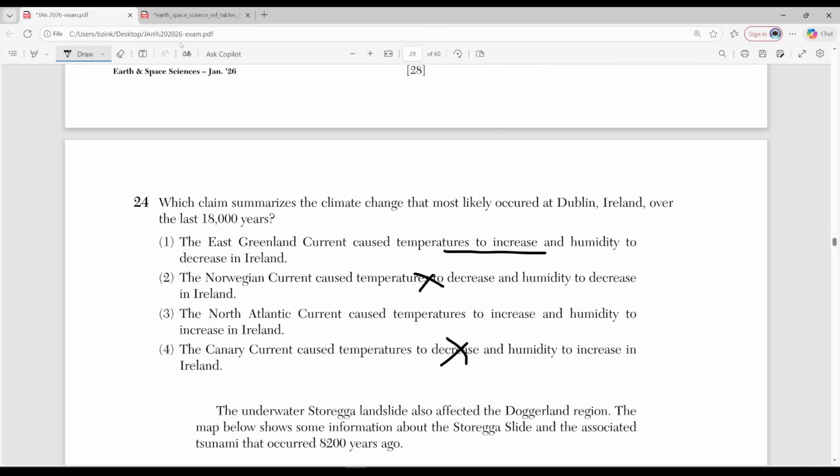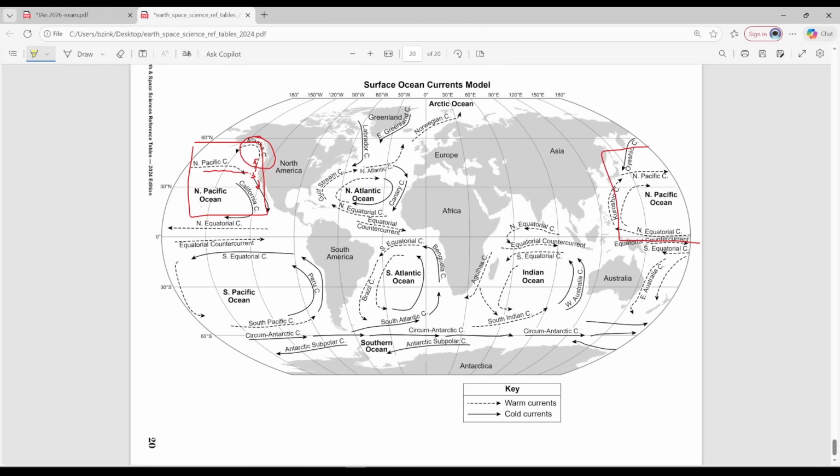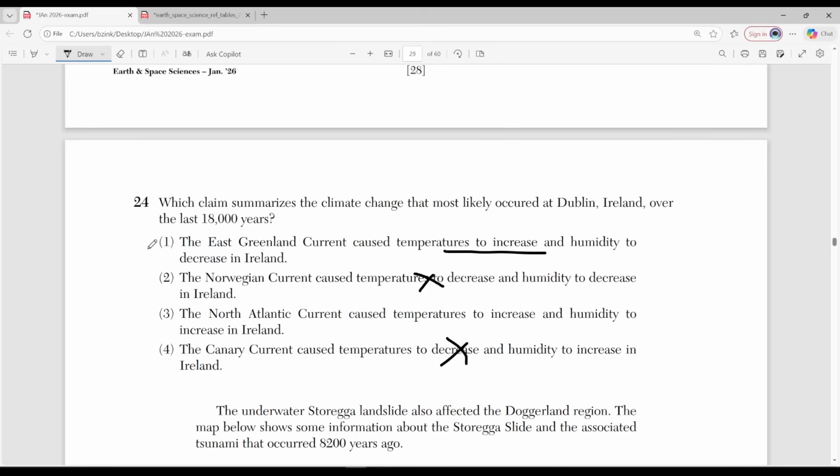So we're going to have to go with North Atlantic, which is right there. So it's the North Atlantic current. That one would be the right answer. This question was real easy. As long as you know we want to melt the glacier, and then you go to that surface ocean current chart, then that would be pretty easy. So we're going to say this is a 3.